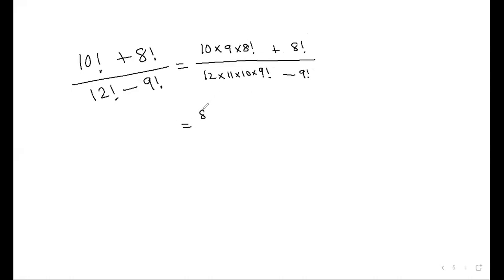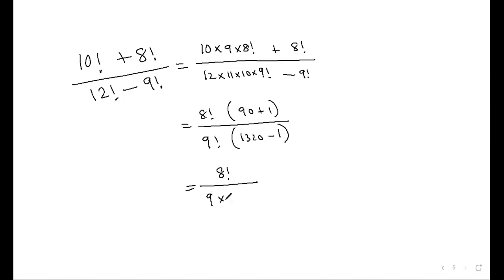In the numerator, I am taking 8 factorial common. Inside the bracket 90 plus 1. In the denominator, 9 factorial common. That became 12 into 11, 132, no? 132, 1320 minus 1. Now 8 factorial and 9 factorial, there's a cancellation possible by writing 9 into 8 factorial. 91 divided by 1319.